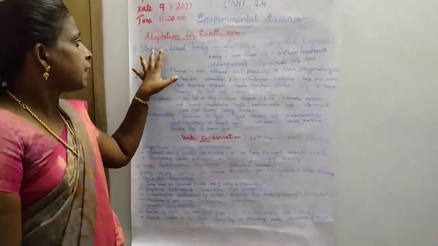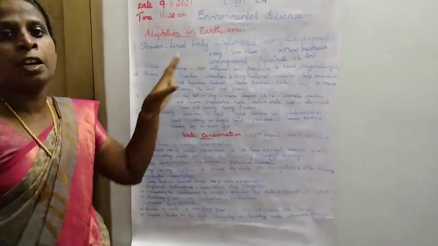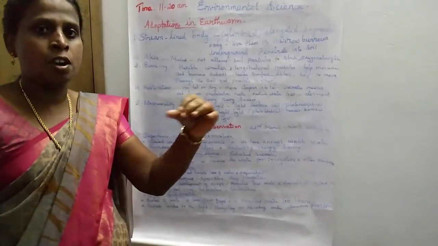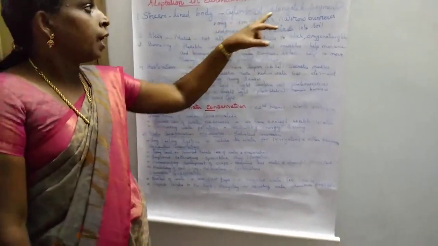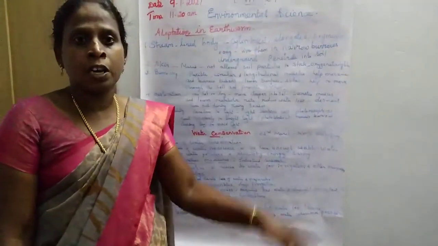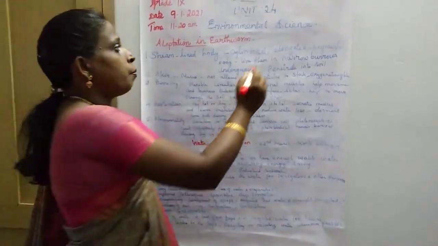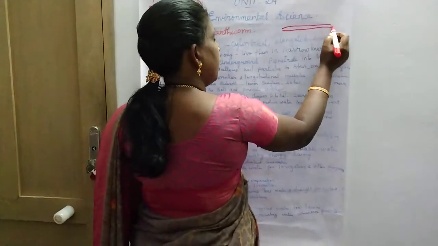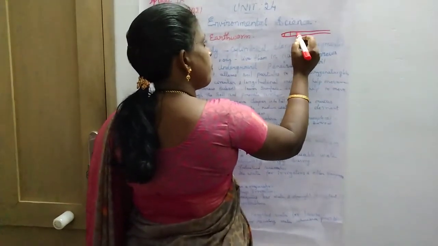The first one is the streamlined body. You all know the earthworm has a long, cylindrical, elongated and segmented body. It consists of many segments.